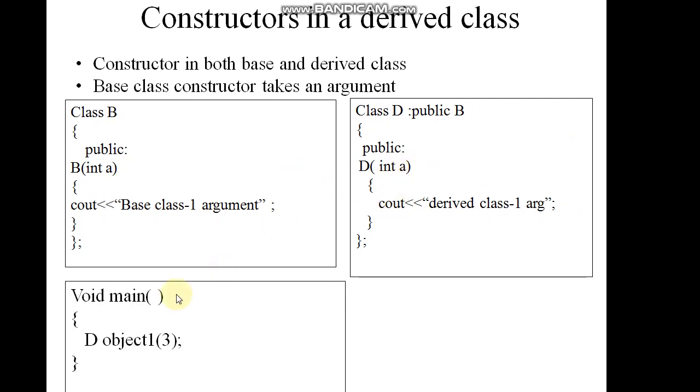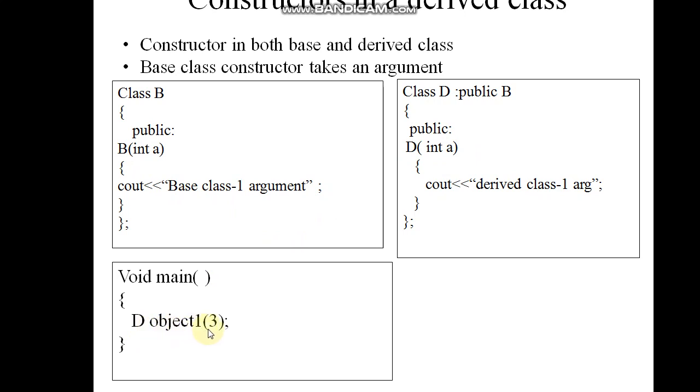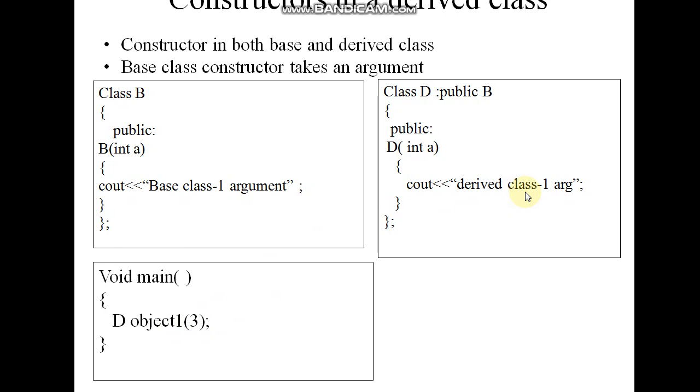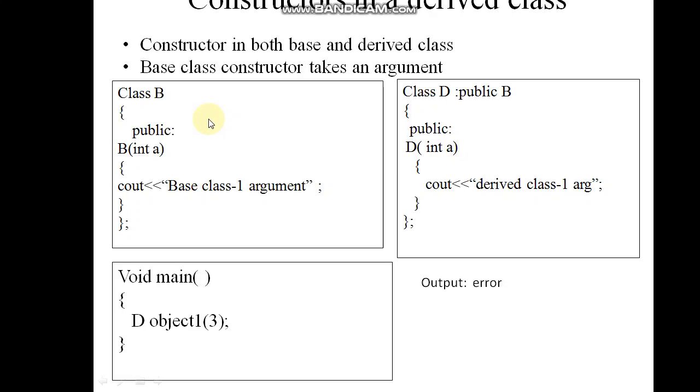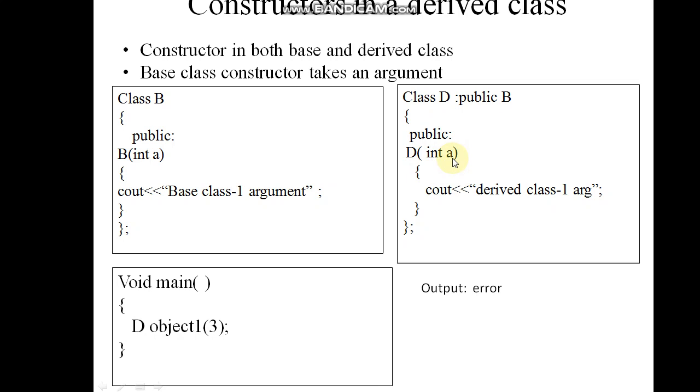When we create an object of the derived class, this argument will be used inside this derived class, which will not be passed to the base class. But when we create an object of derived class, constructor of the base class must be called first. So the output of this program will be an error, as derived class constructor is not passing any argument to the base class constructor.